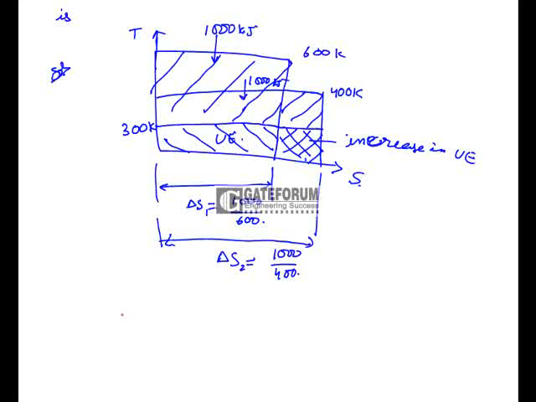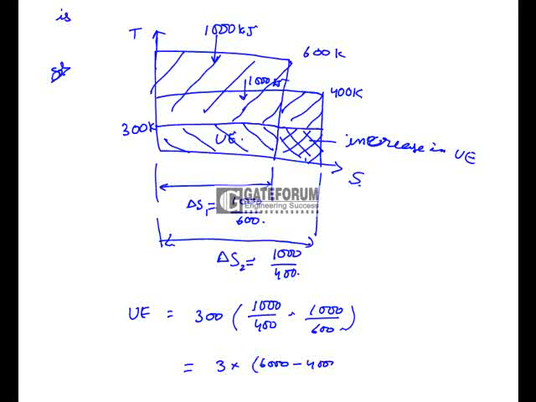So the increase in unavailable energy is equal to 300 into (1000 by 400 minus 1000 by 600), which is equal to 3 into (6000 minus 4000) by 24, which is equal to nearly 250 kilojoules.